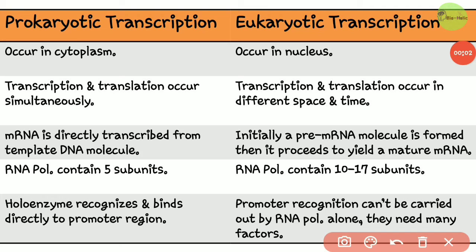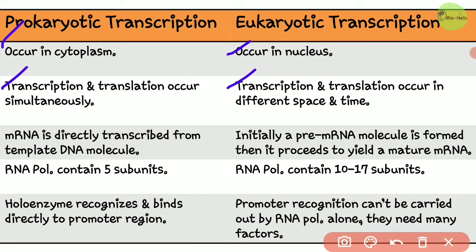Now there are a few basic differences between prokaryotic and eukaryotic transcription. Prokaryotic transcription occurs in the cytoplasm, while eukaryotic transcription occurs in the nucleus. In prokaryotic cells, transcription and translation occur simultaneously, but in eukaryotic cells, transcription and translation occur in different space and different time.